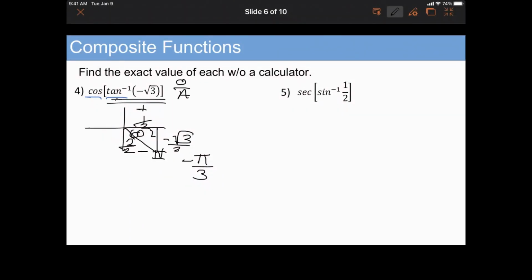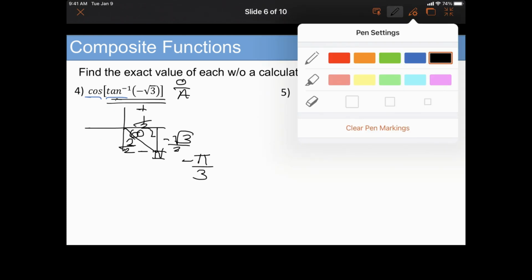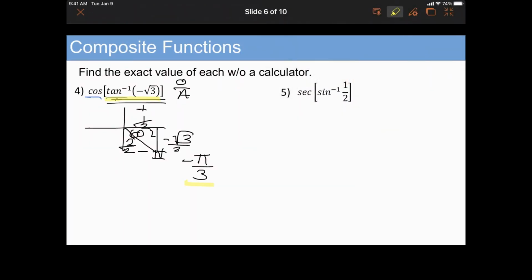Now, this is the answer for this part, right? So I'm going to take cosine of negative pi over 3, right? So that's actually the same picture, right? And it's not always going to be in the same picture, or the same quadrant.